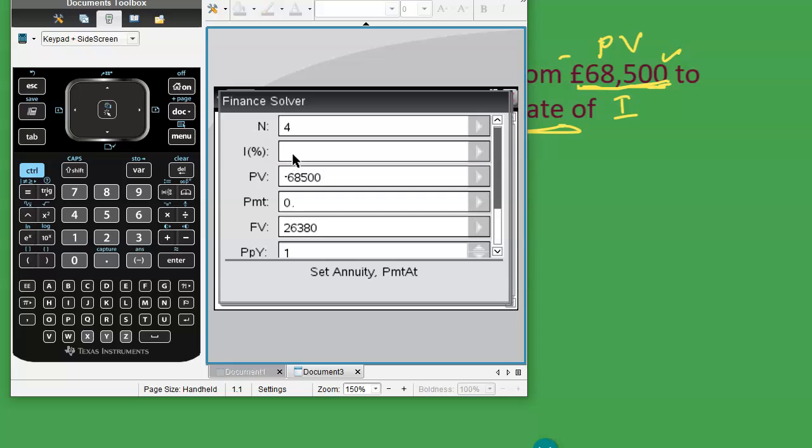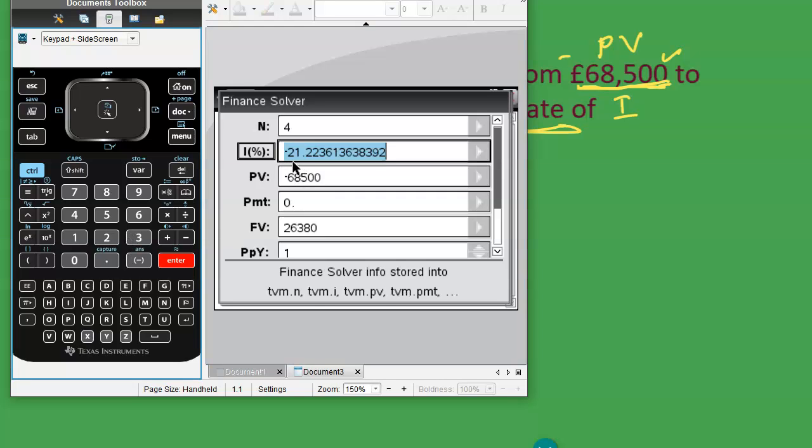So now we have to get the rate. The rate is negative 21.22. You see, negative, indicating that the price is decreasing. It is a case of depreciation. That is why you are having this leading negative sign.